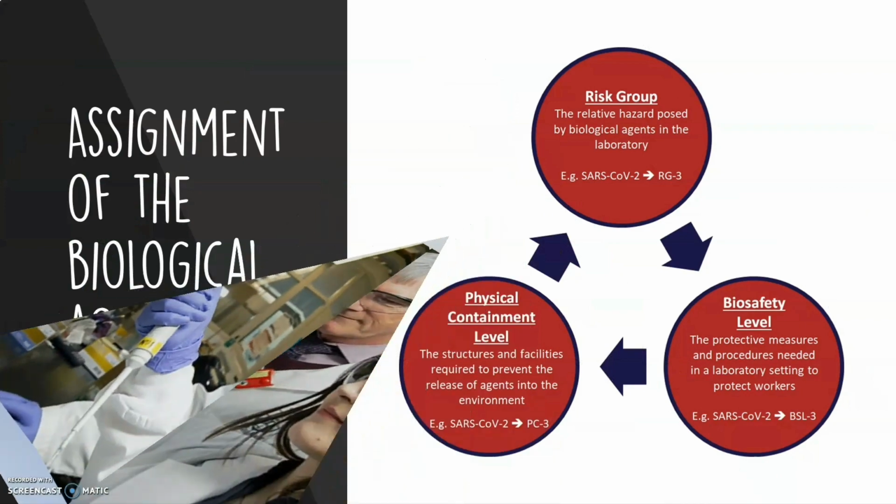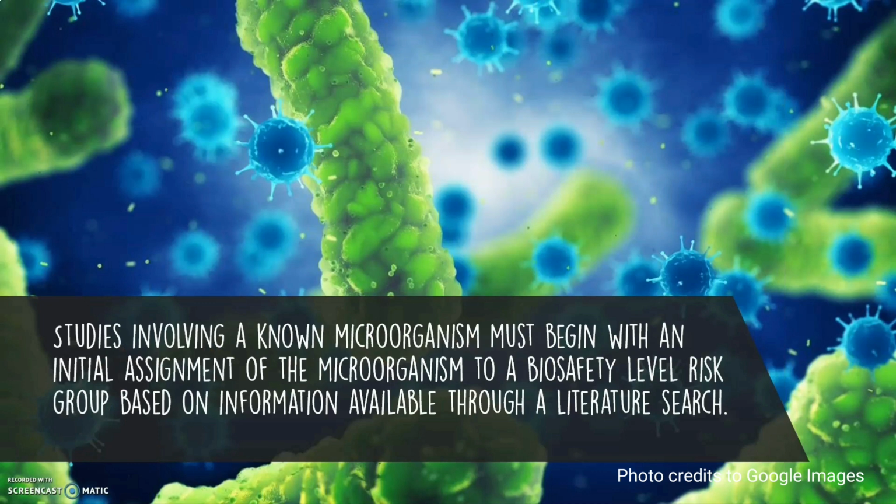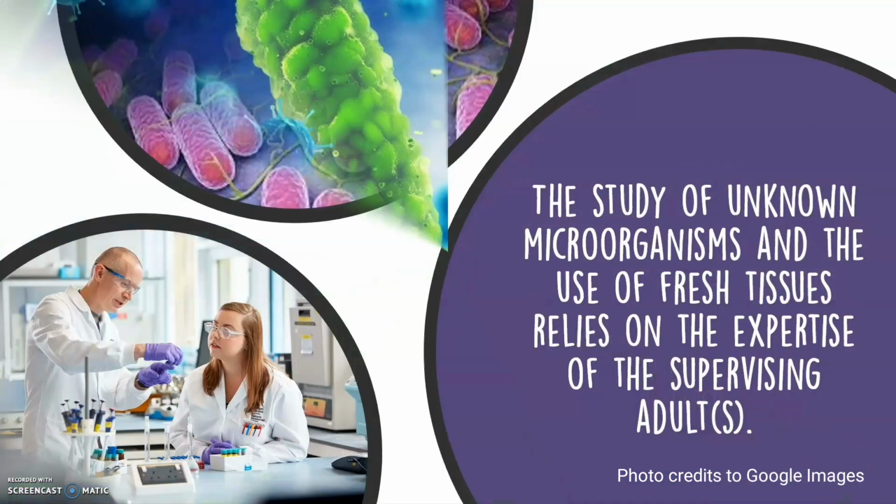Risk assessment involves the following: assignment of the biological agent to a risk group. Studies involving unknown microorganisms must begin with an initial assignment of the microorganism to a biosafety level risk group based on information available through a literature research.